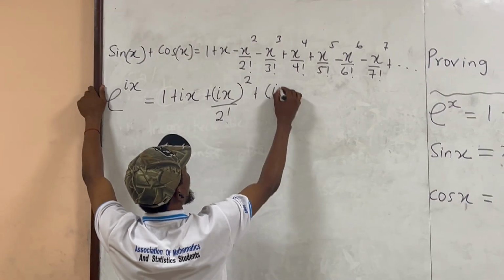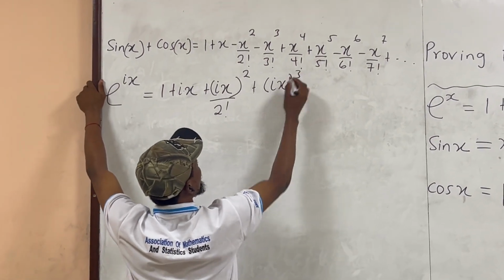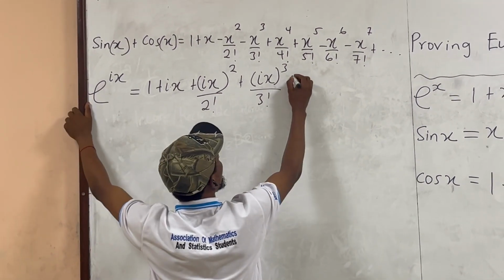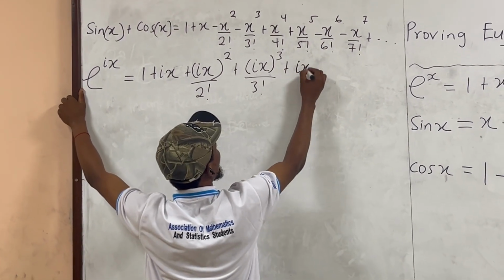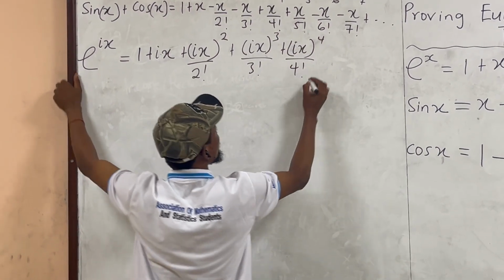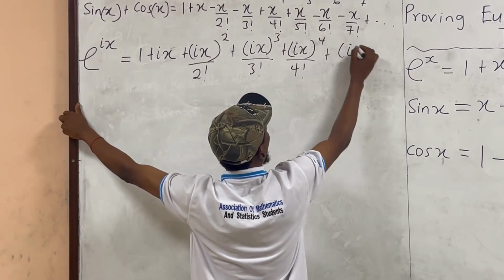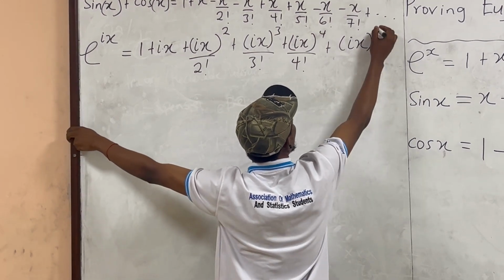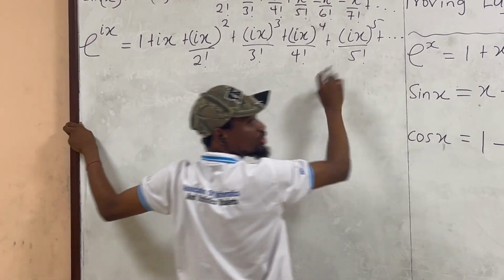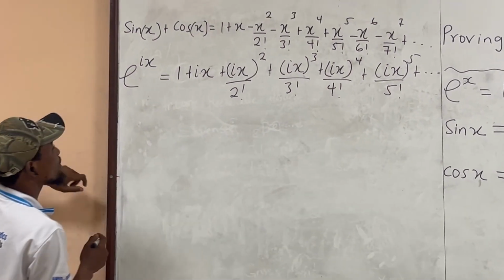Then plus i x to the power 3 over 3 factorial, plus i x to the power 4 over 4 factorial, then plus i x to the power 5 over 5 factorial, and it continues indefinitely.